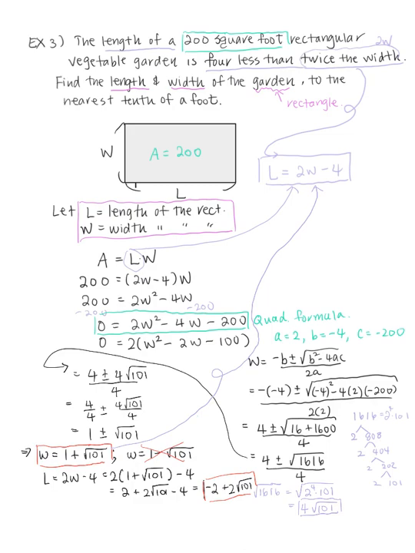So basically we got 20 minus 2, which will give us a positive value of 18. So this makes sense. So I'm going to answer this as, therefore, our length of the garden is minus 2 plus 2 square root of 101, and then our width is 1 plus the square root of 101.